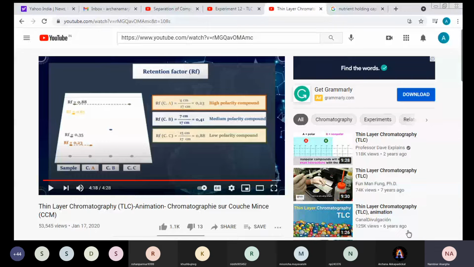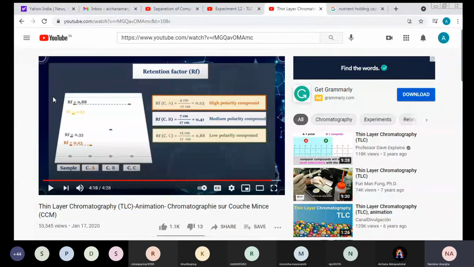You have seen that they actually took the TLC plate just above 1 centimeter below where the TLC plate ends, and then they drew a straight line. However, in our case, we do that beforehand because we do not wait to see with the naked eye whether it has reached 1 centimeter below the top of our TLC plate or not.